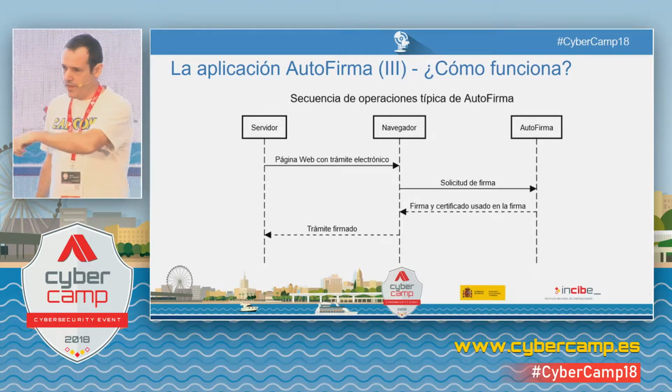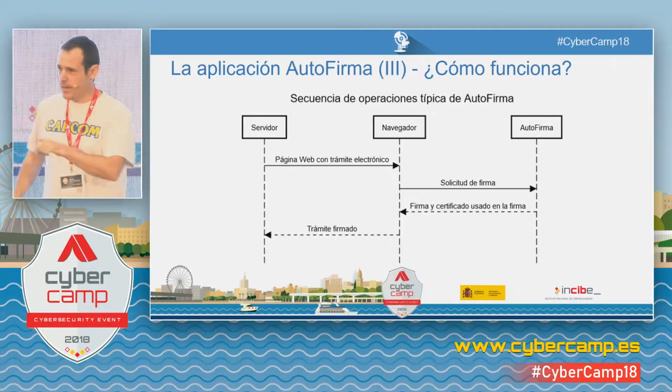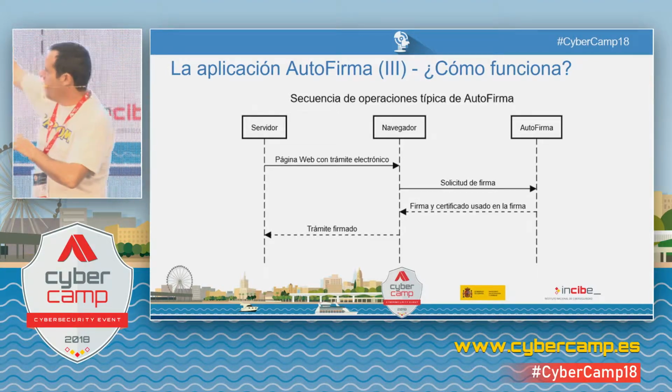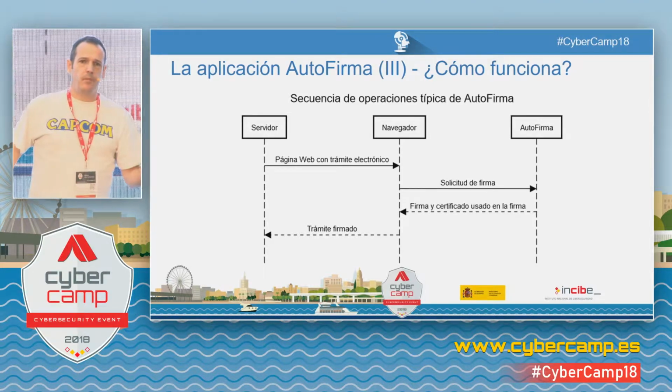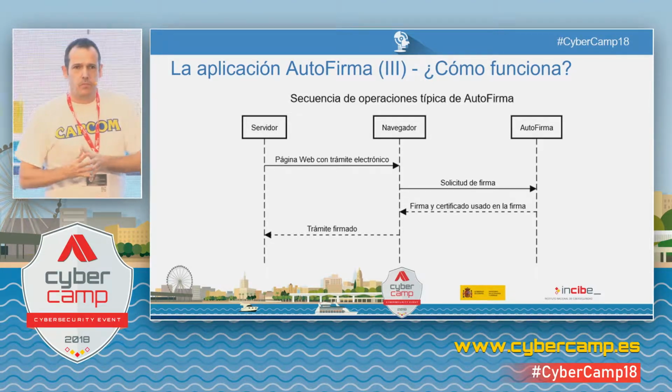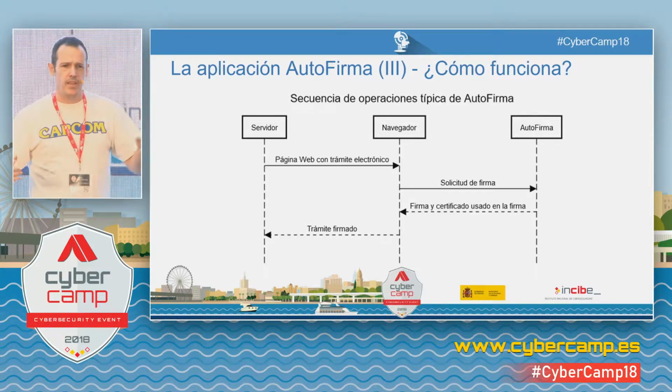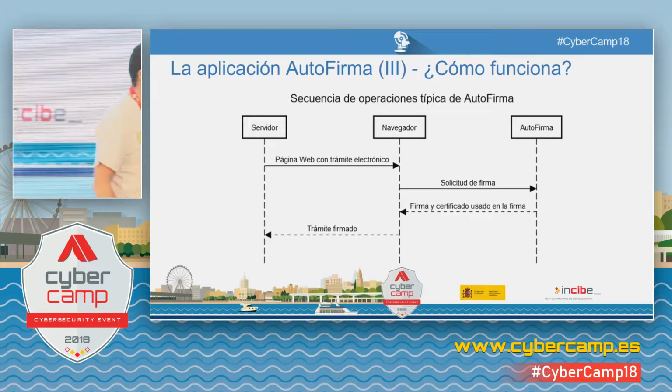So the signature as well as the certificate that I use for my signature are returned. And now I will tell you why it's important for it to return both things. And then the signed process is returned to the server.